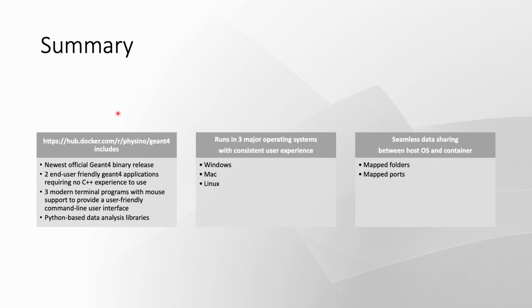To summarize, the Physino Geant4 container image includes the newest official Geant4 binary release in AlmaLinux 9, two end-user-friendly Geant4 applications that require no C++ experience to use, three modern terminal programs with mouse support to provide a user-friendly command line user interface, and Python-based data analysis libraries.